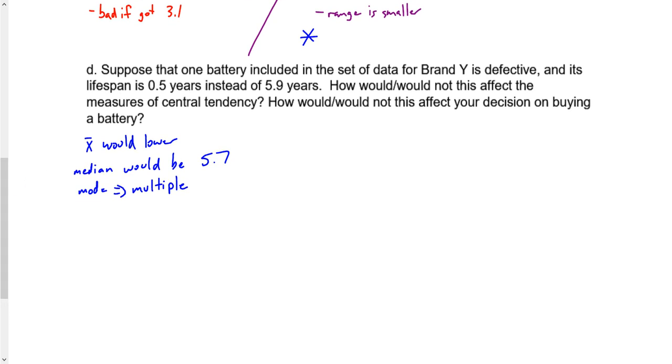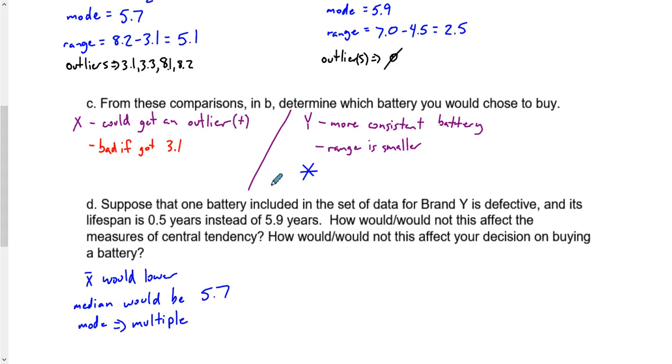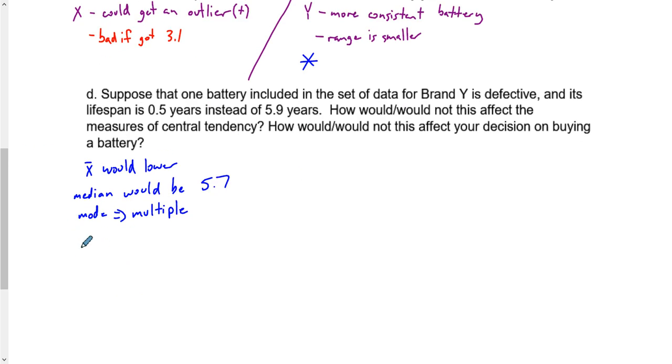But overall, the question is, how would this affect our decision? Would it change our decision from going with brand Y? Overall, the decision probably, there we go, that's spelled right. It probably would not change.